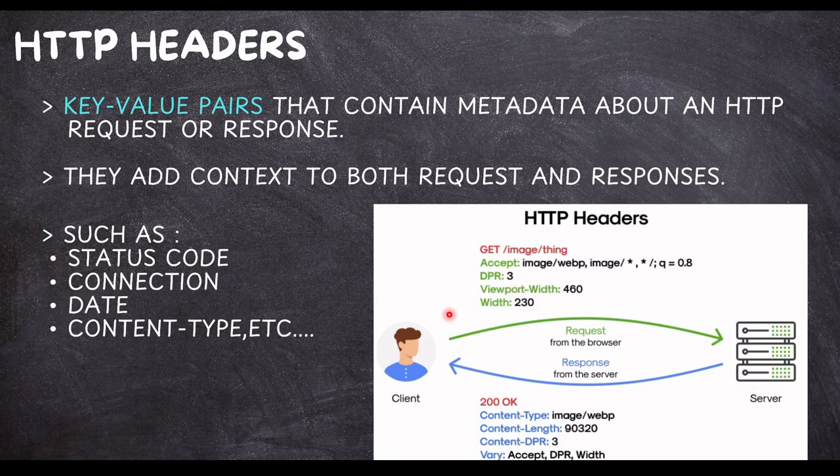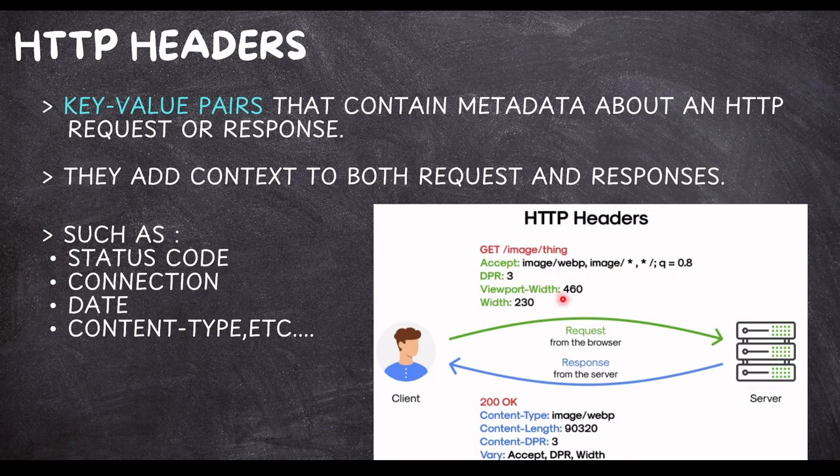So your basic request looks something like this, that you want to get some image of a particular thing. Now these all are headers except DPR, viewport width and width. So you want to get a particular image. Now webp is an image format. This is some more data about that image.